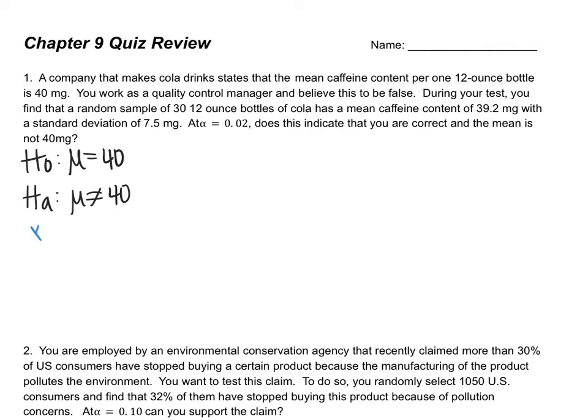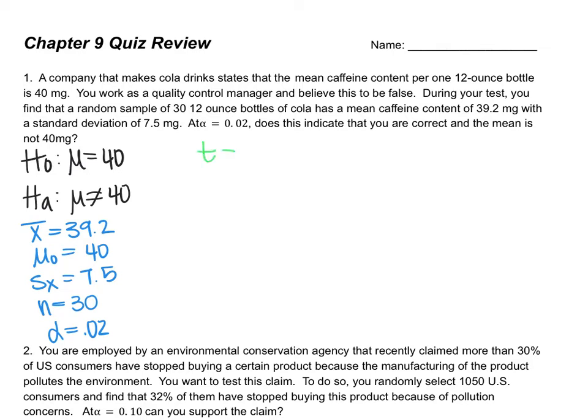So our sample mean is 39.2, mu naught is the 40, sample standard deviation 7.5, n is 30, and alpha equals 0.02. Our next step is to calculate the t-value.